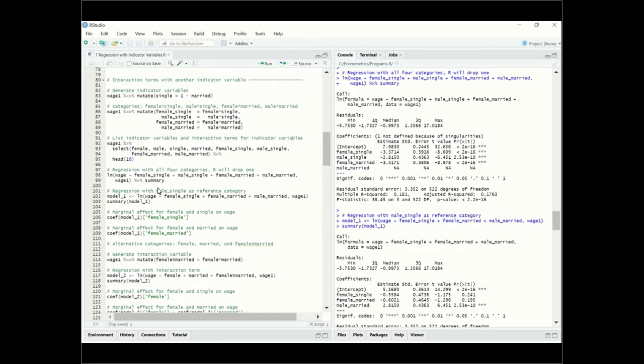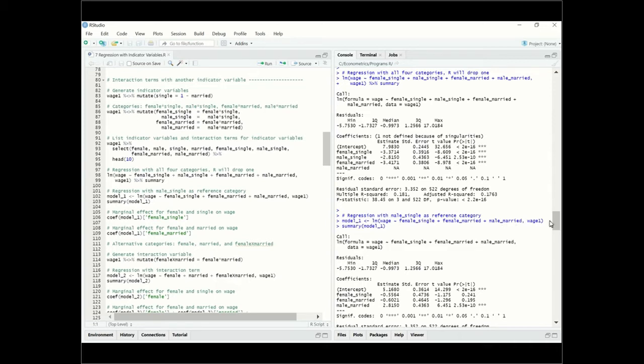What that means is that we're not including this interaction term in the model. So everything else will be interpreted with respect to this reference category that is not in the model. To do that, we are going to be running a linear model of wage, and you see how we have the three interaction terms, but not the male single included in this model.